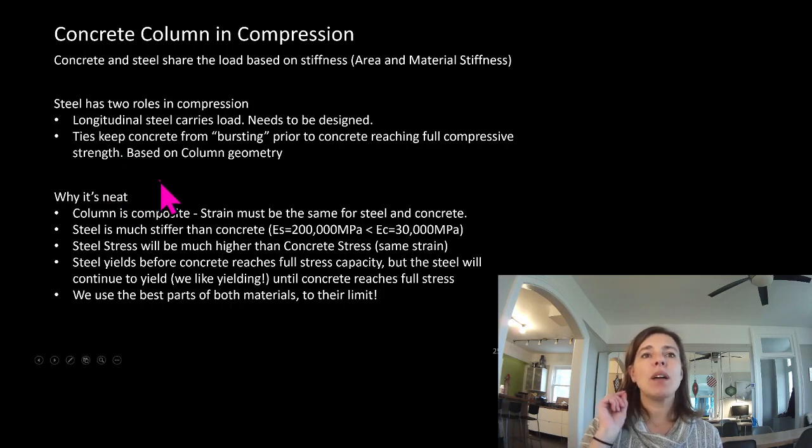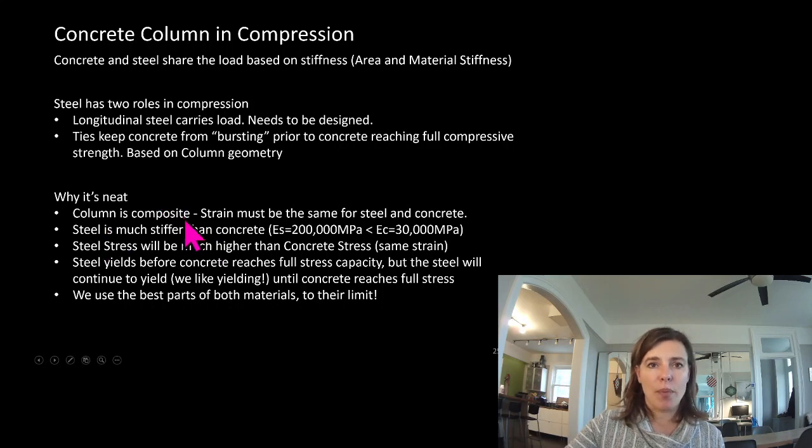So the reason concrete columns are neat in compression is the column is composite, so the strain must be the same for steel and concrete, and we talked about that. Steel is way stiffer than concrete. The steel stress will be much higher than the concrete stress, even though they have the same strain, because we know that it will attract more load. The steel yields before the concrete reaches its full stress capacity.